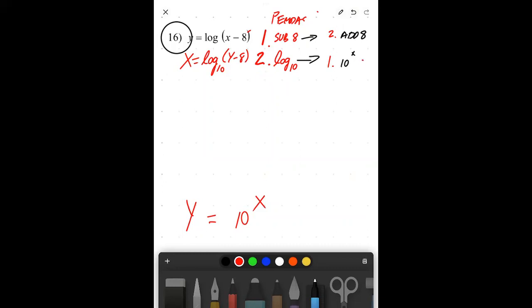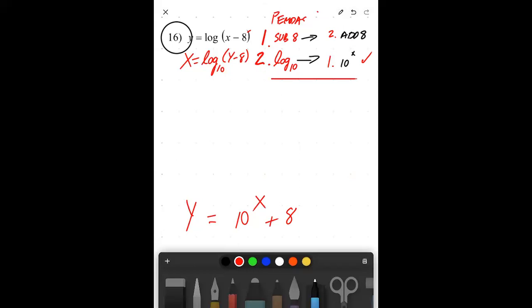Now my second and final step is just to add 8, and it's done. That's the inverse. There's nothing else to do there. Of course, you have to know the inverses, but once you know the inverses, you just use PEMDAS, then do the inverse operation and reverse the order, and you're finished.